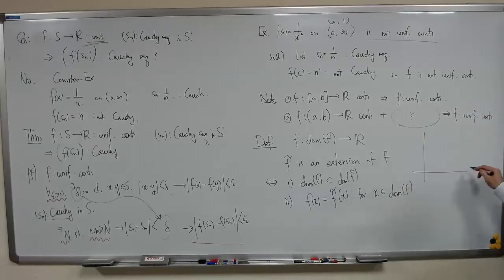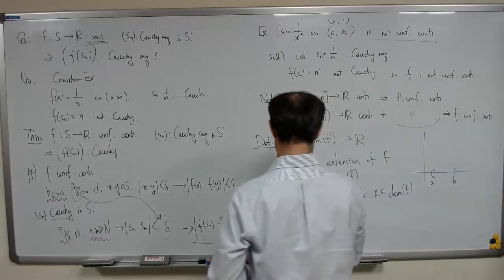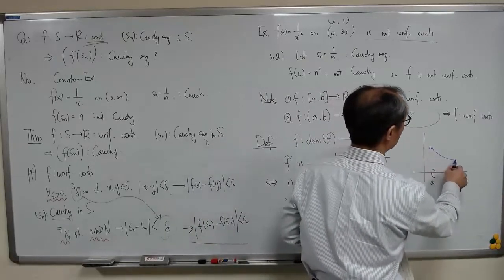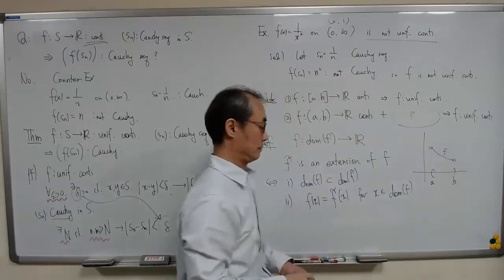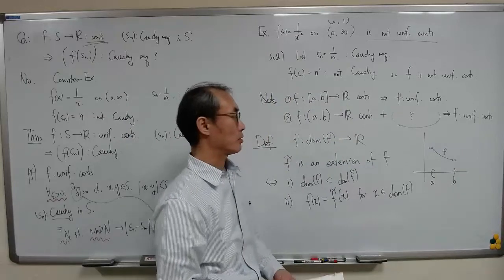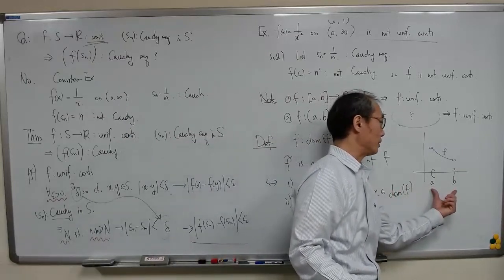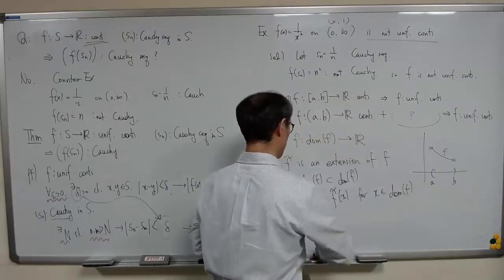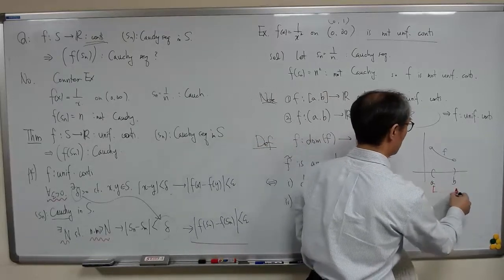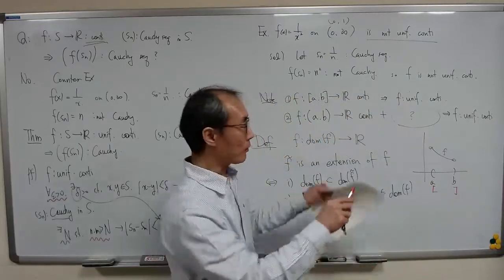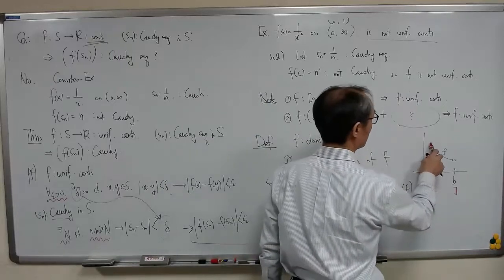So if the domain of definition is the interval from A to B, and this is the graph of function f, I'd like to extend the domain to a closed interval, and you must determine the corresponding value at both ends.